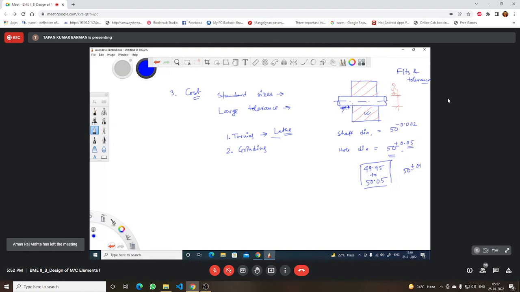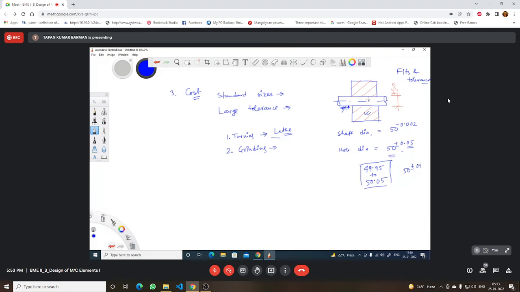By doing this, the material will be removed. If I provide the depth of cut, the material will be removed from the job. What is grinding? There is one abrasive wheel. The abrasive wheel will be in contact with this workpiece. The abrasive wheel also rotates. At the same time, this workpiece also rotates, and due to this contact, material will be removed from this workpiece.